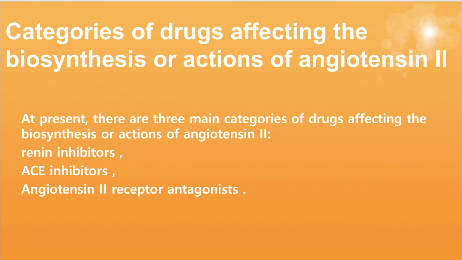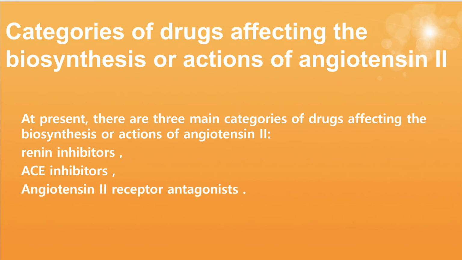So let's look at categories of drugs affecting the biosynthesis or actions of angiotensin 2. So the first target that we're going to look at is angiotensin 2. As we saw in our introduction, it is one of those parts of the system that plays a crucial role.